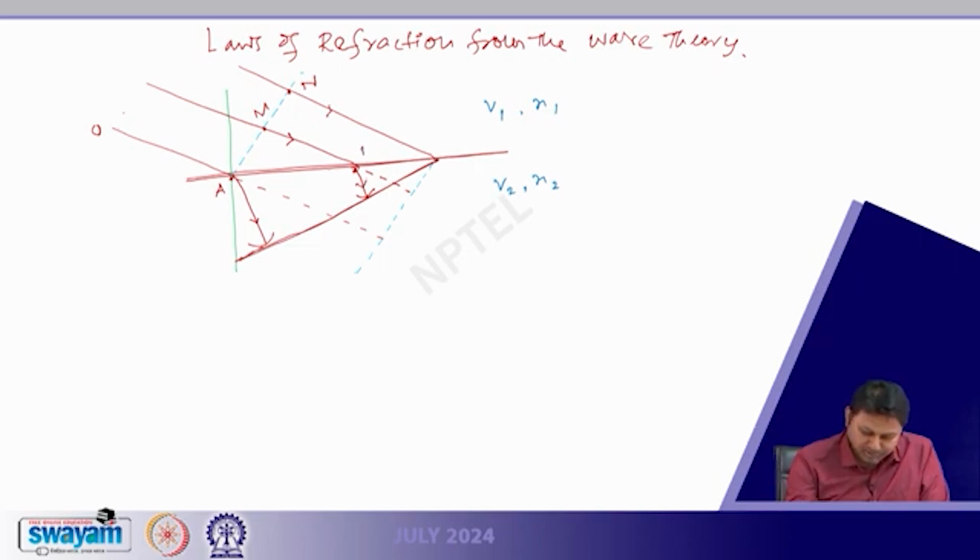This point say B, and this point is C. So, this is A1, this is say B1, this point is B2, and this point is A2. Okay, this is the way the light is moving here. And say this point is K.